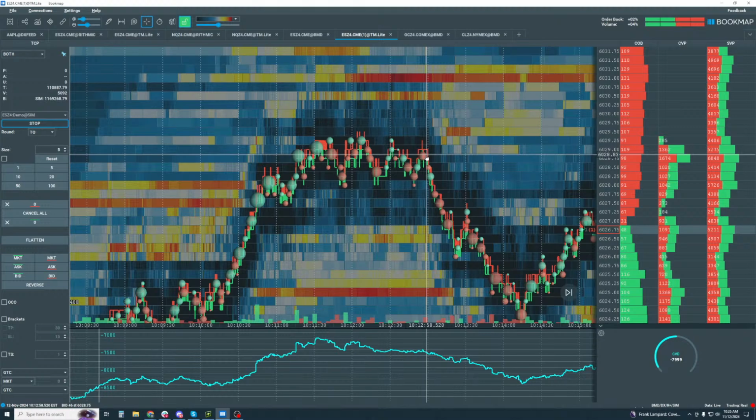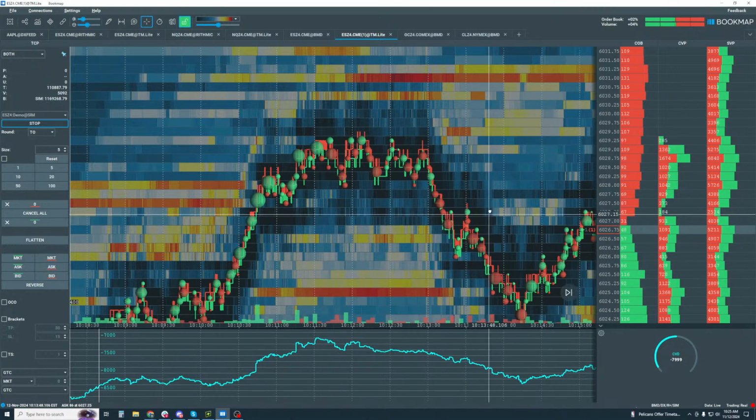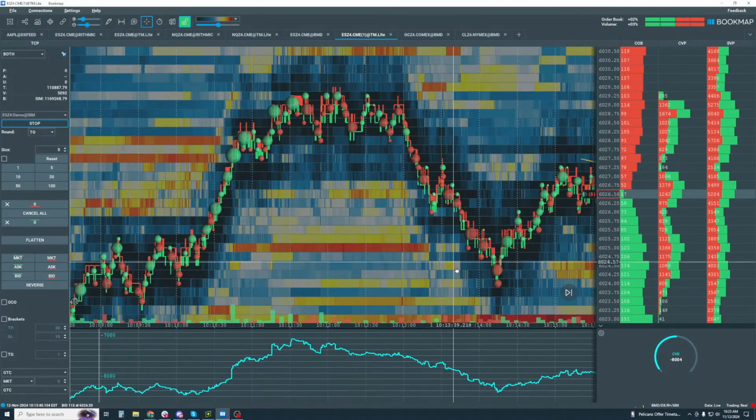So now these buyers are unable to take it higher. So we're looking for sellers down into these areas in here, and then for them to take price into high liquidity on the bid someplace. They pulled actually a lot of that liquidity along the way here.